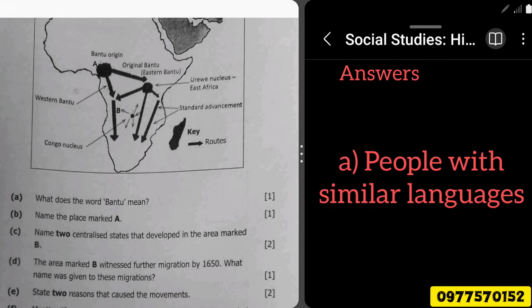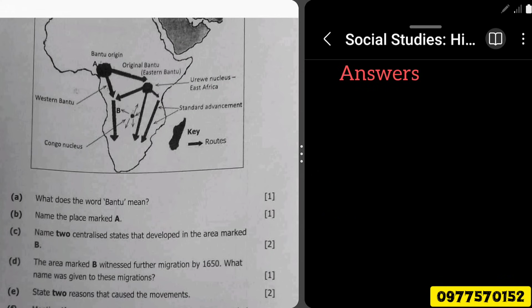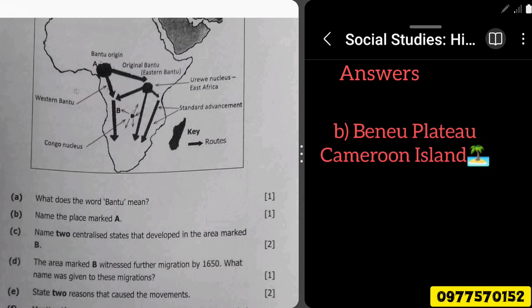Name the place marked A. It is Benue Plateau or Cameroon Island, where the Bantu originated from.